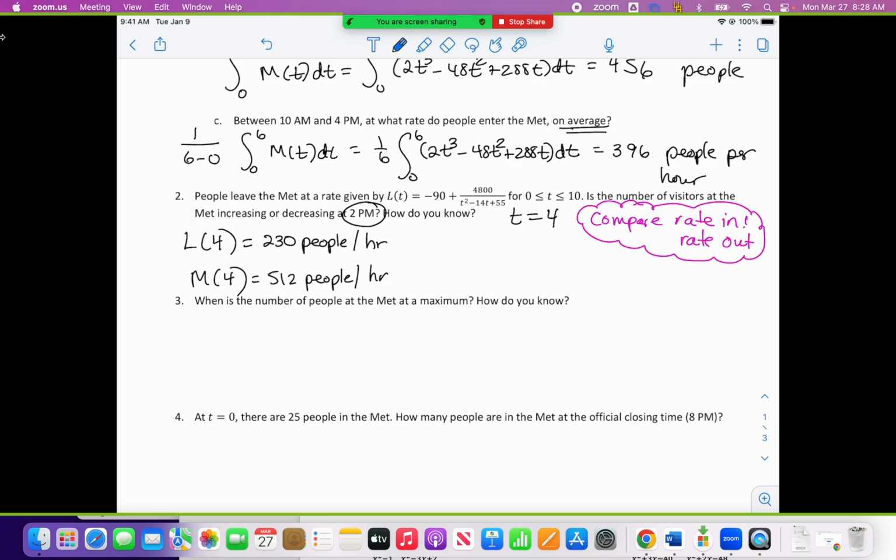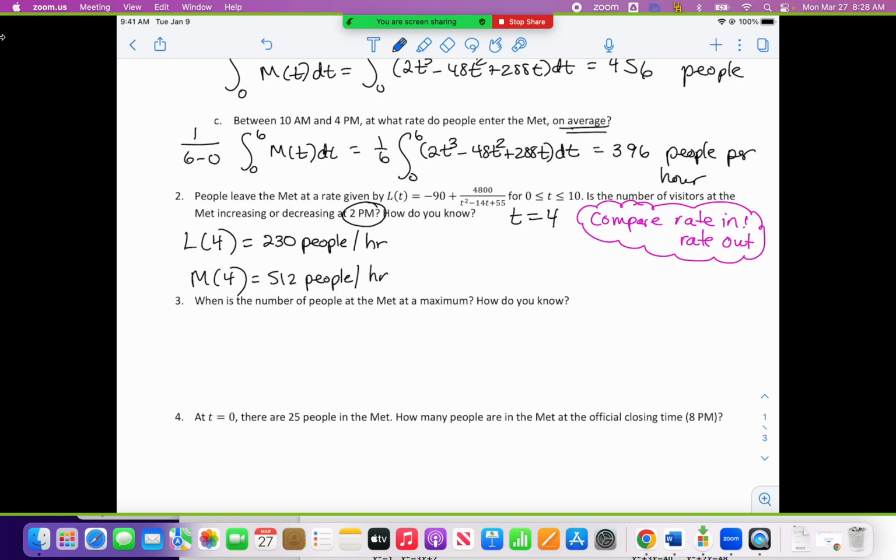For L of 4 equals 230, can I just say negative 230 in the context of this problem, or does it not really matter? Did the calculator spit out negative 230? No, it's 230. No, because that represents number of people leaving. So if you said negative, then that would be positive, like that would be entering.